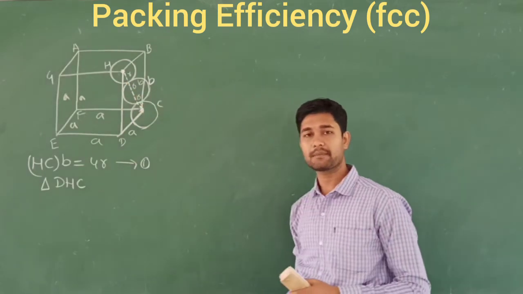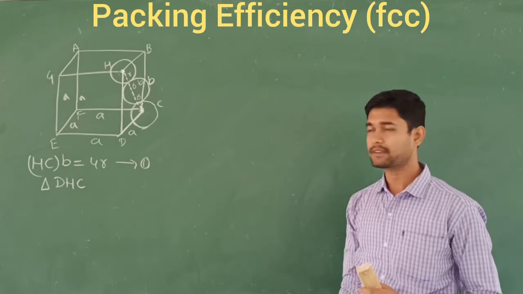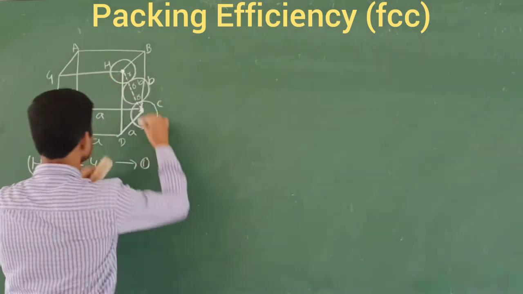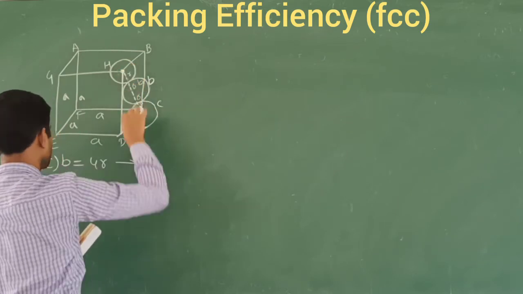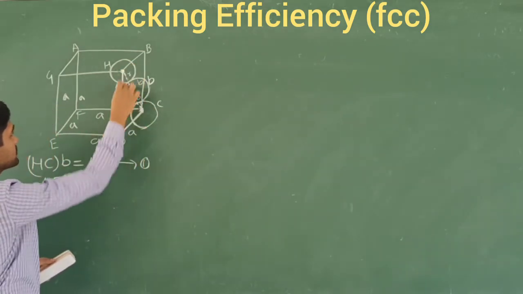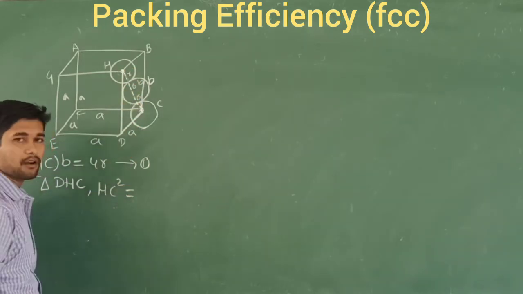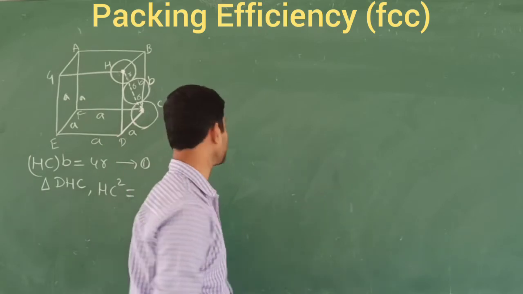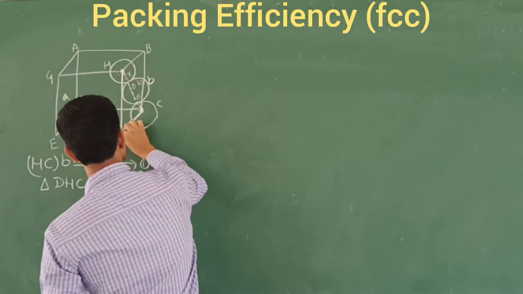In triangle DHC, this is called the diagonal. When the diagonal comes, we should remember the Pythagoras theorem. So what does the Pythagoras theorem say? This is the diagonal, so this is the length of the side which will be more. So in triangle DHC, HC square is equal to the sum of the squares of the remaining sides. What are the remaining sides? This is HD and this is CD.